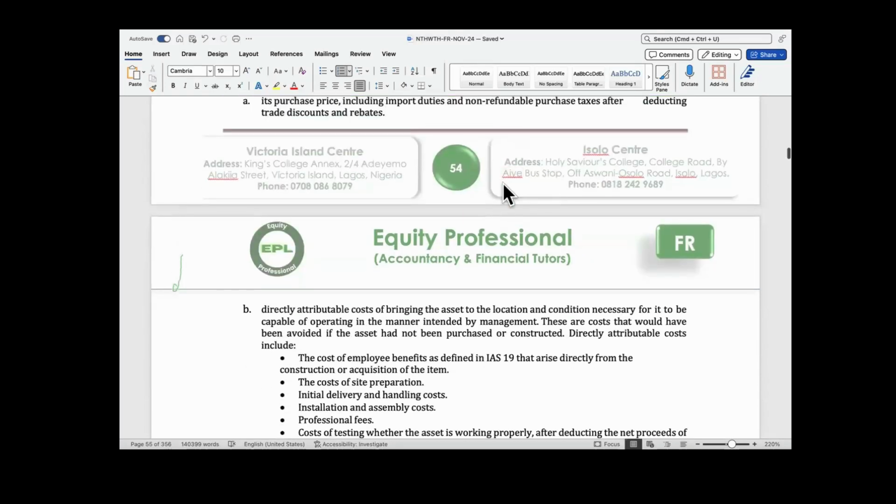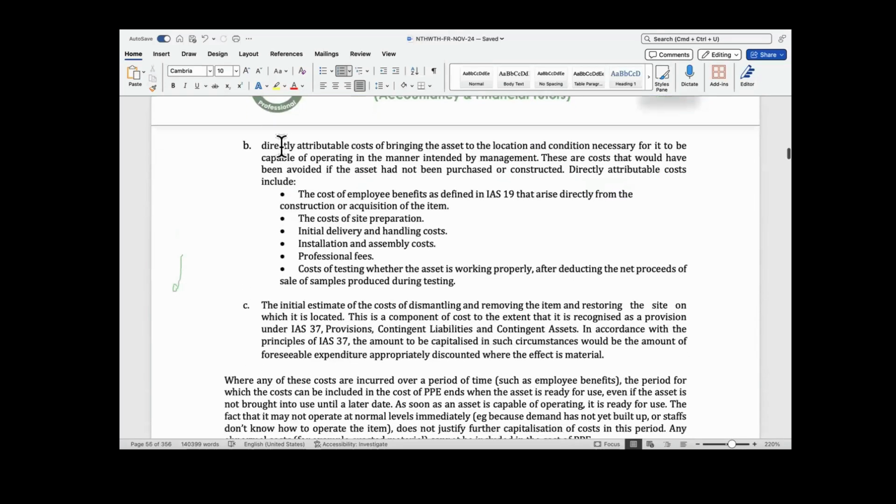It doesn't end there. There are also directly attributable costs of bringing the asset to the location and condition necessary for it to be capable of operating in the manner intended by management. You need to carry that asset to where you are going to use it. You need to put that asset in a condition where it will be ready to operate in the manner you intend.